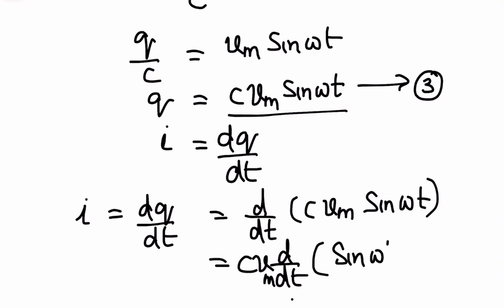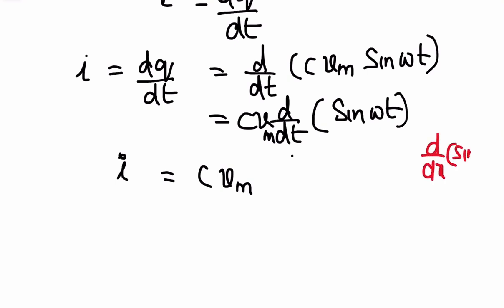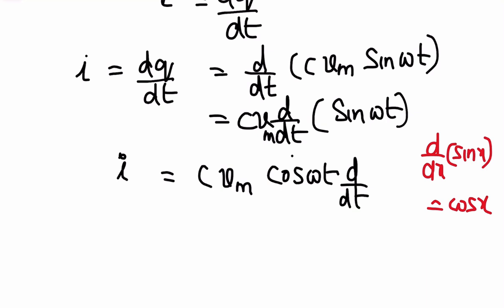Once you differentiate, you will get the current equation, I is equal to C Vm d by dt of sine omega t. Like you know from trigonometry, d by dx of sine x is equal to cos x. In the same way here, d by dt of sine omega t is cos omega t, and you also get an extra d by dt of omega t, which is omega. That becomes C Vm cos omega t into omega.